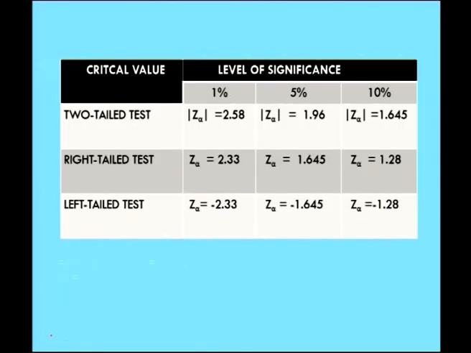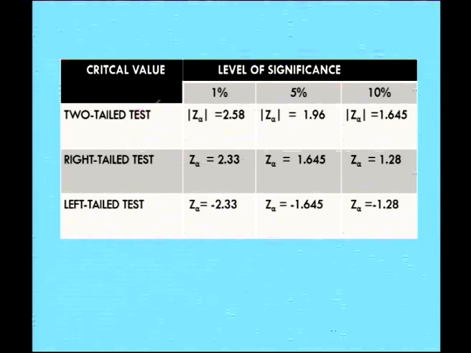Whereas, when the test is one-tailed and you want to refer to the tables for the tabulated value, then you have to refer to the same two-tailed tables at alpha divided by 2. So, these are the critical values of level of significance and the corresponding Z alphas.